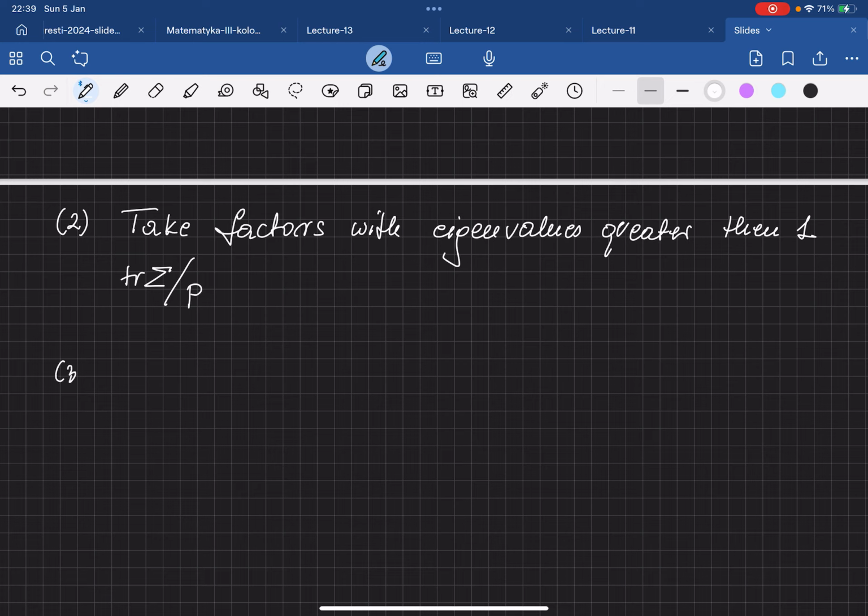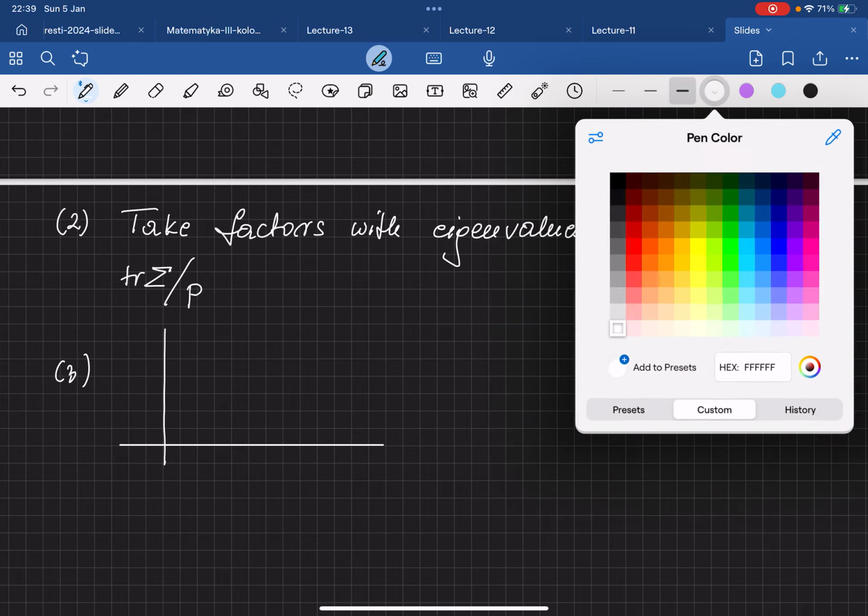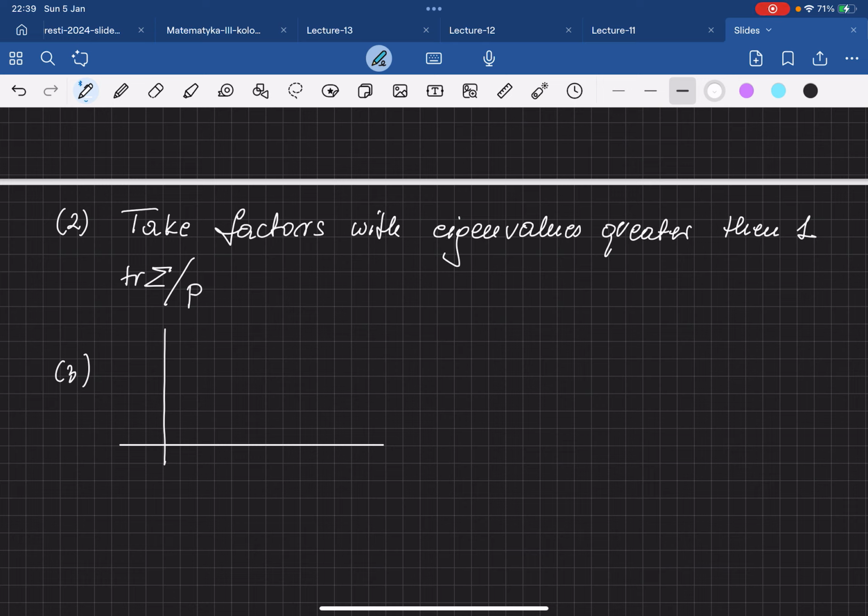And there is the third procedure, which is based on the plot of eigenvalues. We can plot them. Here will be the number up to p. And remember that we have ordered our eigenvalues from the largest to the smallest. So the plot should look somehow like that.